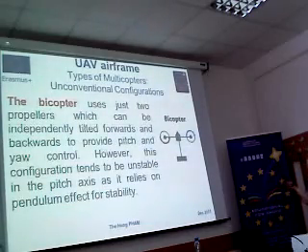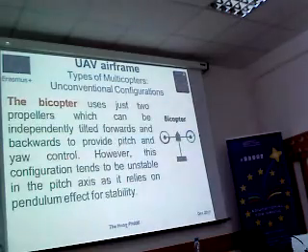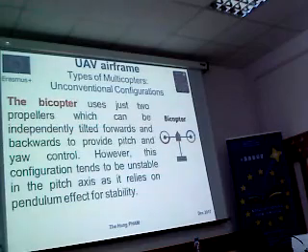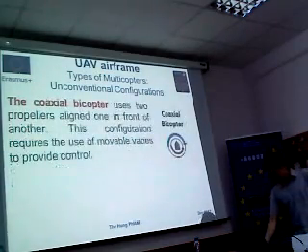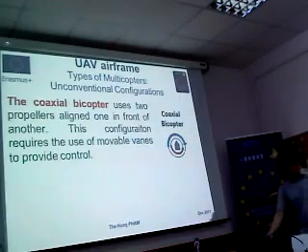This is a subtype of bicopter, and it uses just two propellers which can be independently tilted forward to provide pitch and yaw control. However, this configuration tends to be unstable in the pitch axis as it relies on the bending effect for stability. So this one is not really useful for our configuration. So this is the Gaussian bicopter. You can see that they use two motors.